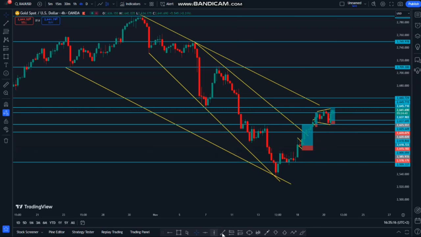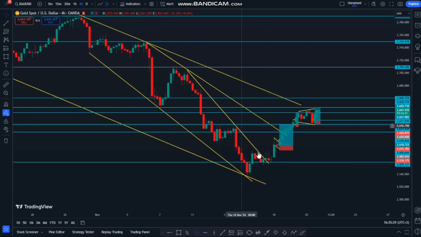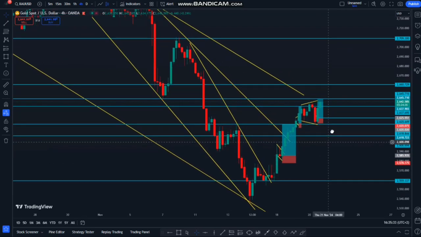So here, I identified this trend. The market was going down, and there was no price here which was going to make the market turn back.